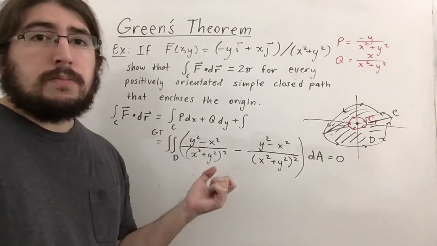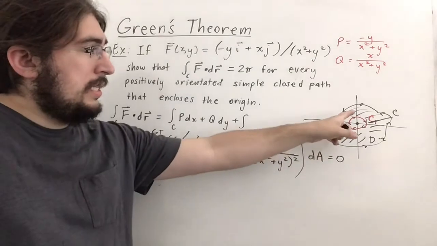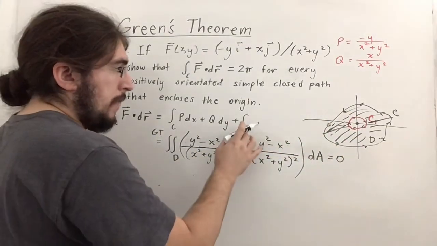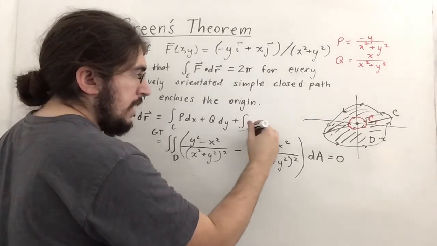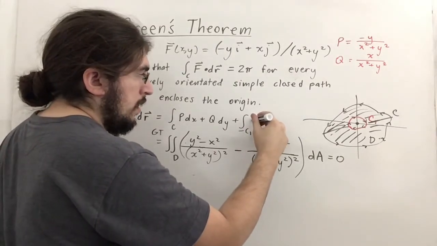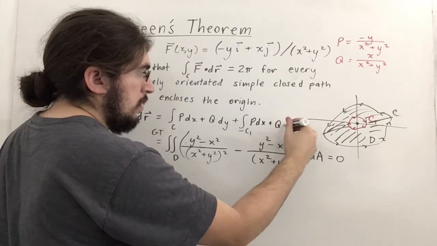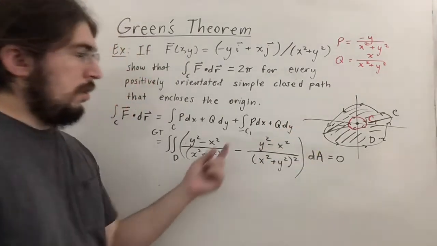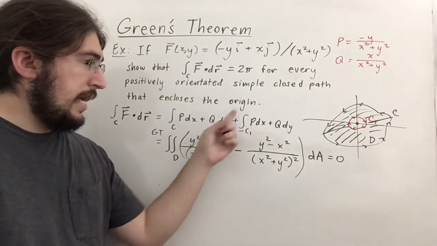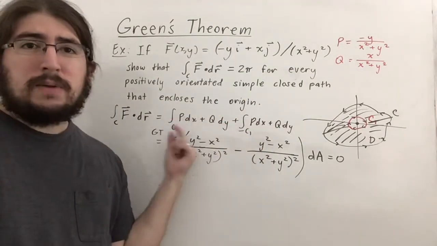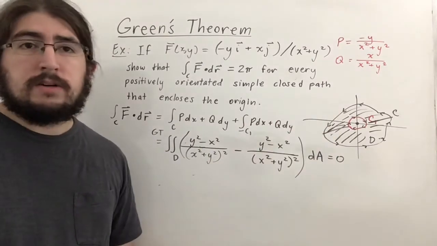But yeah, so here's the problem. The problem is that since this is negatively orientated, then this actually becomes a minus. So this is going to be negative C1 P dx plus Q dy. And you may think, well, okay, integral of negative C1 is negative integral over C, but that doesn't necessarily mean they cancel, because C and C1 are different curves, they're not the same curve.